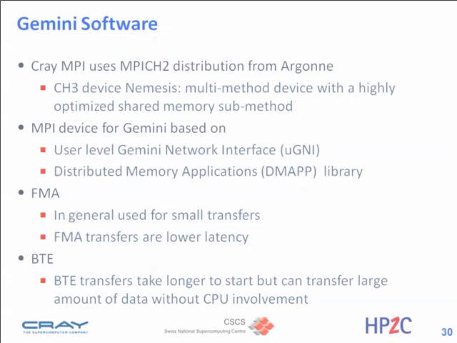You are supposed not to use this library directly, so you should not even care about this. As I said before, there are the FMA or BTE transfer components, and to some extent you can control whether your MPI communication is using FMA or BTE.